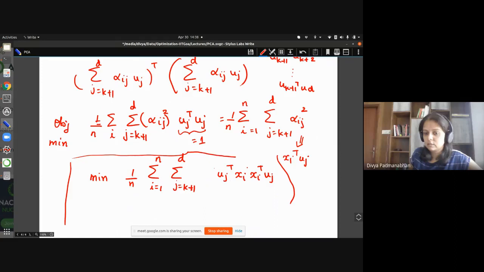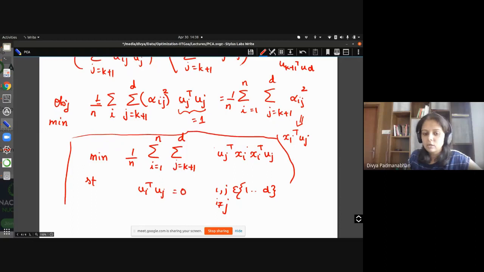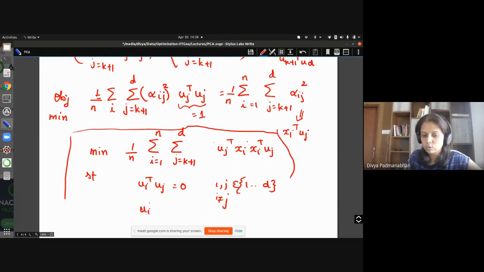So this is going to be the problem that I'm going to solve, subject to all these terms like ui transpose uj equals 0, where i, j in 1 to d and i not equal to j, and of course ui transpose ui equals 1 for all i in 1 to d.